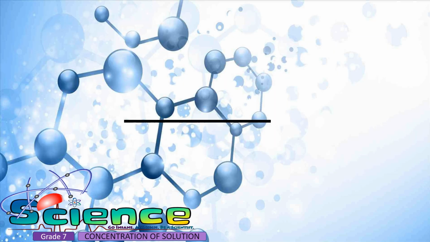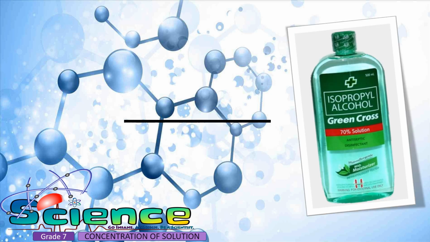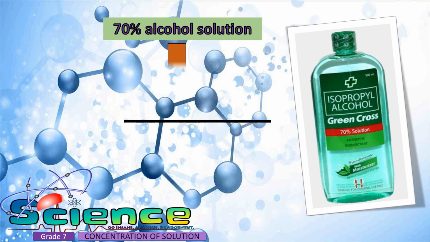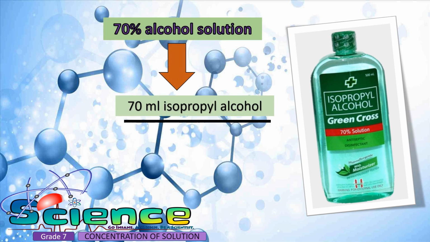Labels of products we use at home often show the concentration of solute expressed as percent by mass or volume. For example, the alcohol we use as disinfectant is a solution of 70% isopropyl alcohol, meaning it contains 70 mL isopropyl alcohol in every 100 mL solution.